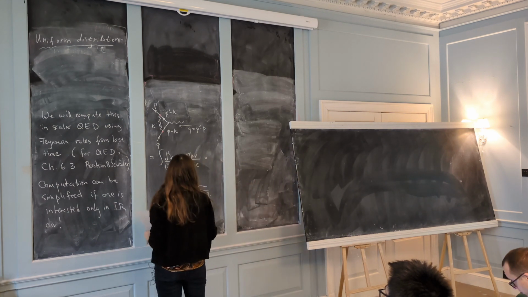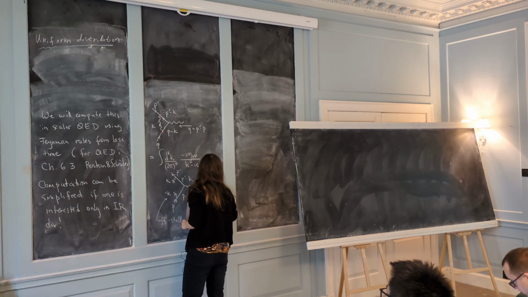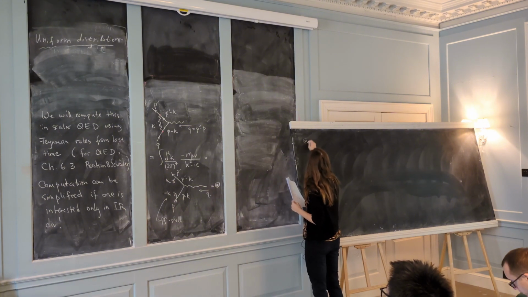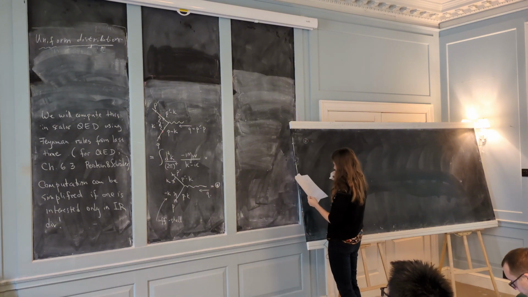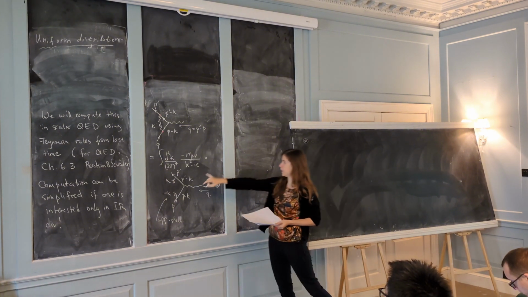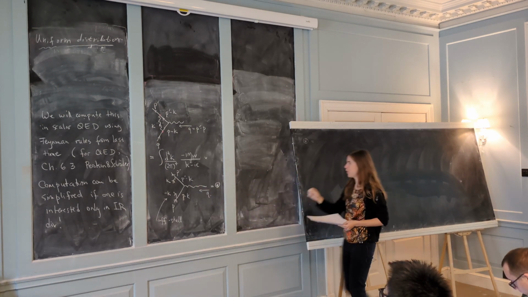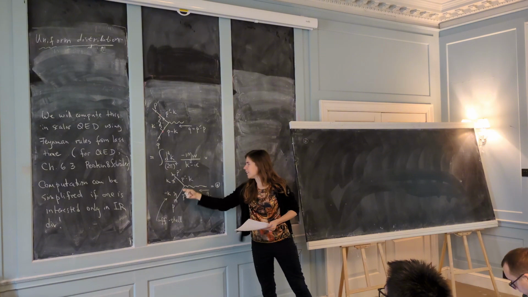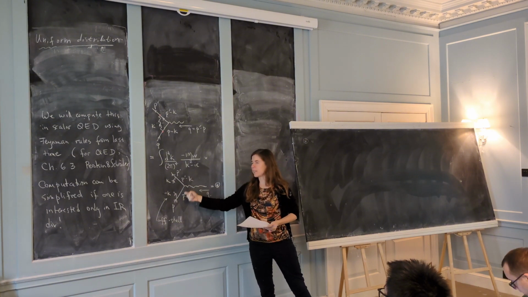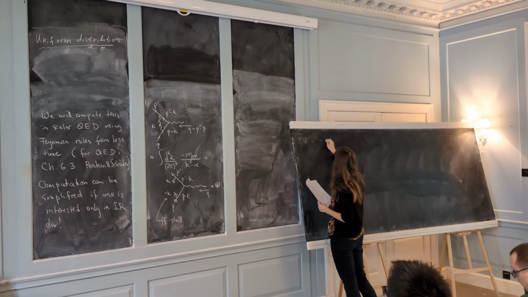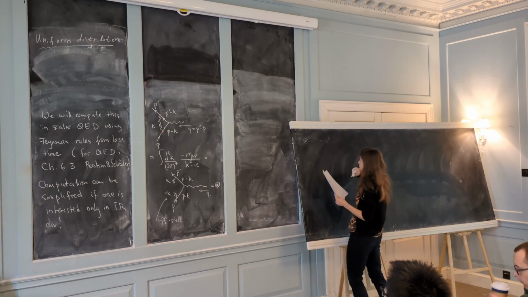So let's call this, I'm going to go to the next board, let's call this star. This is what we are computing. The star is equal to, so I'm going to put in, and now if you took notes, you can look at last time, just going to put in the vertices and the propagators for these internal lines in this diagram. So this is going to give minus e squared. There's 2 powers of e.